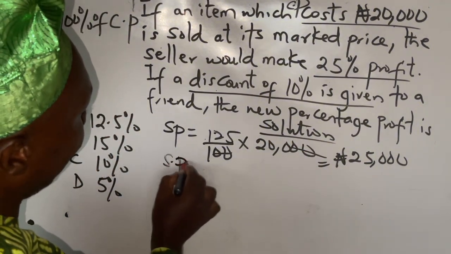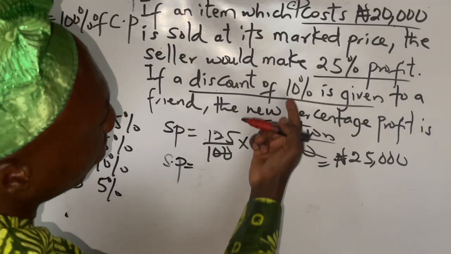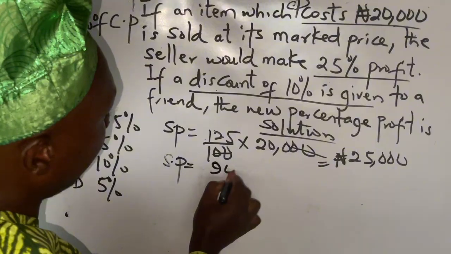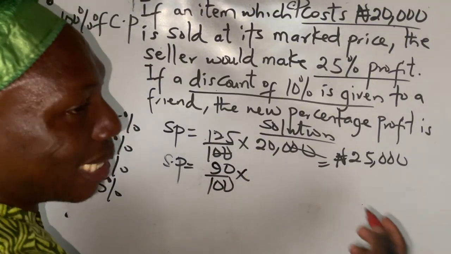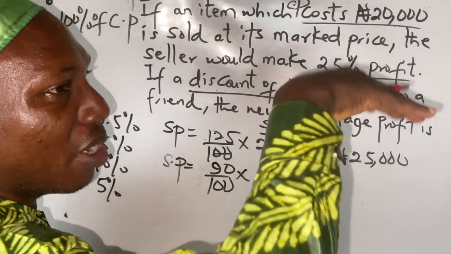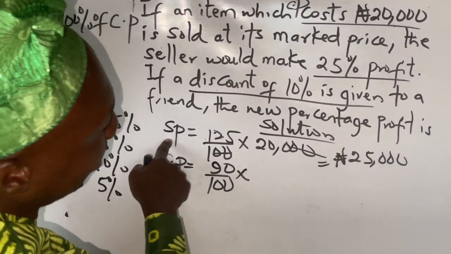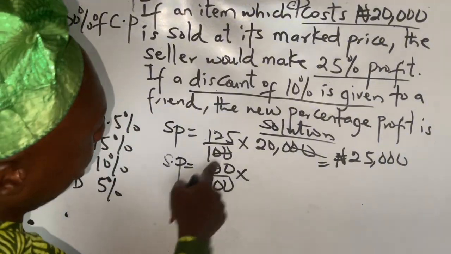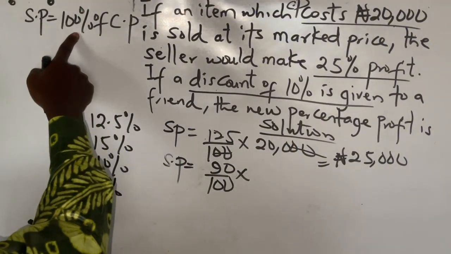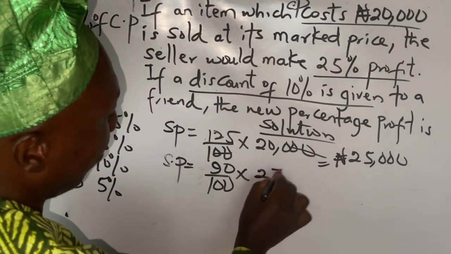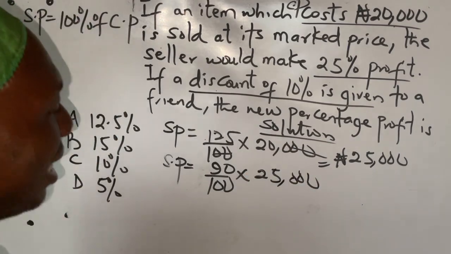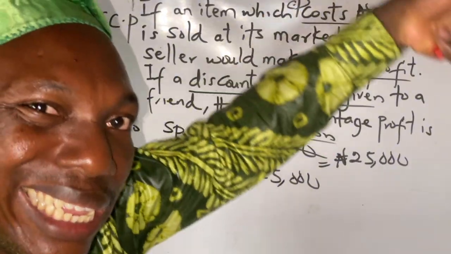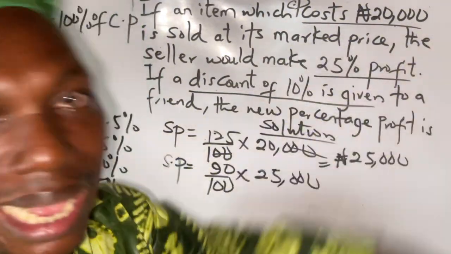So the new selling price, a discount is given. We are going to remove 10 from 100. That is 90 over 100. I told you that the discount is always on the item. So we are selling this for 25,000 naira, and they give us a discount of 10%. That's why I'm removing 10 from 100. So times 25,000. You are not going to say 90% of cost price. Discount is always on the amount you are selling the good for, that's the selling price.